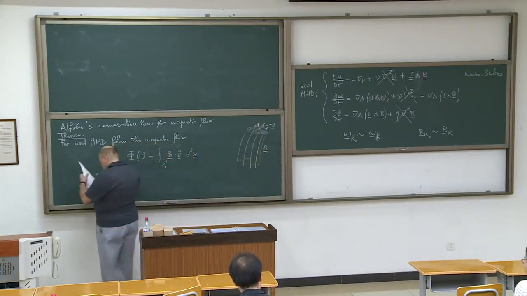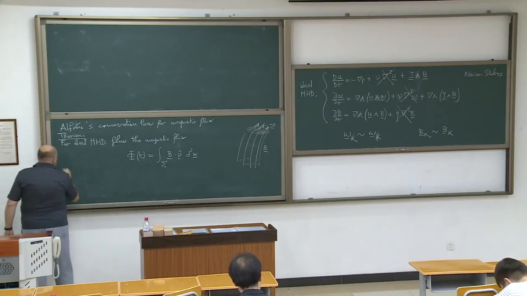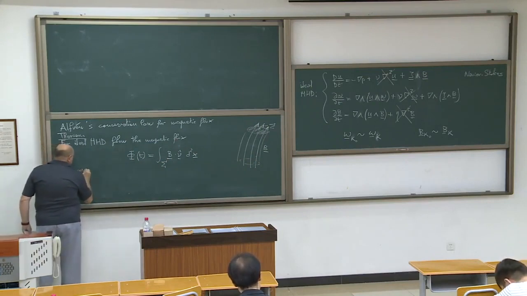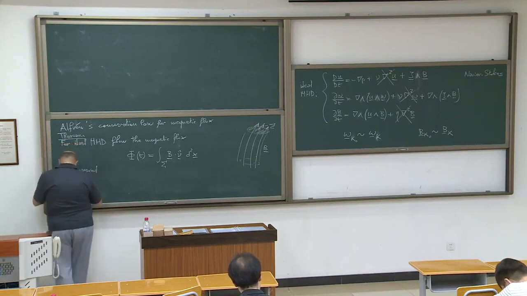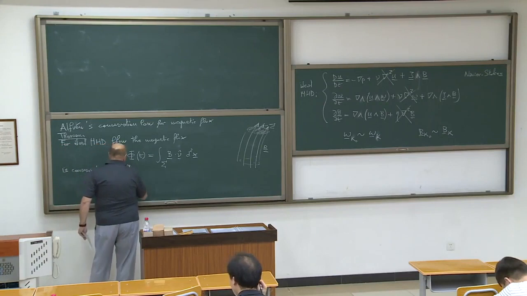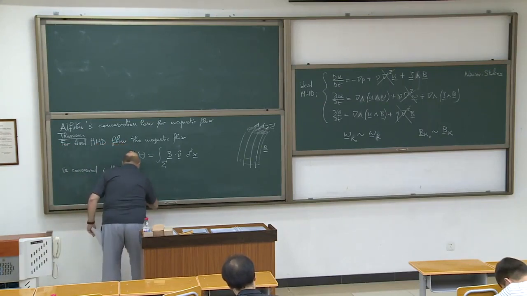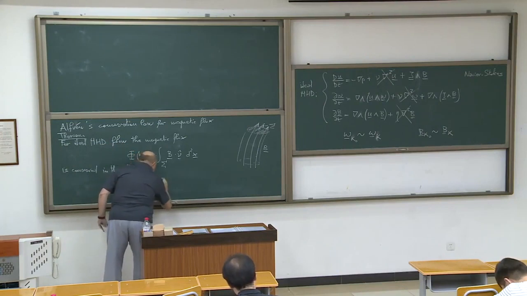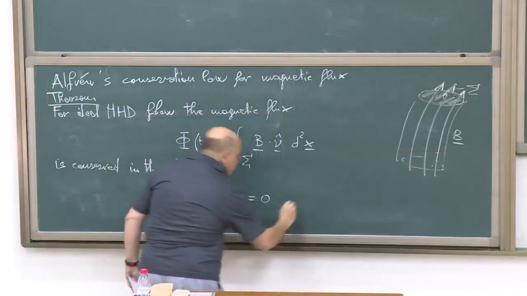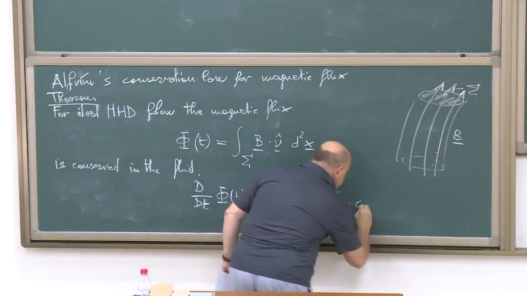Okay, the theorem is that this flux is conserved in the fluid, i.e. that the Lagrangian derivative with respect to time of phi of t is 0, which means that phi is a constant of motion.